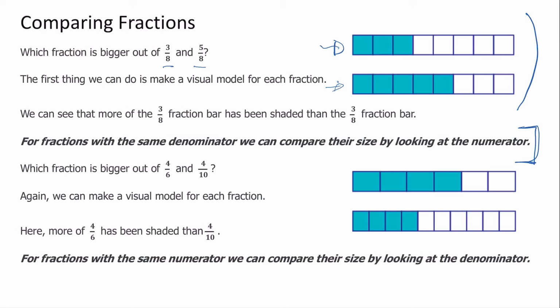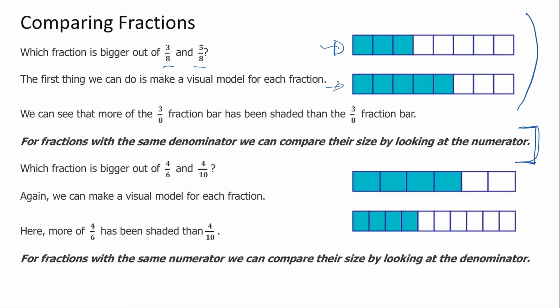The 5 numerator is bigger than the 3 numerator, so therefore the 5 would have to be bigger. And that works again because the denominators, the amount that the object is cut up into, is the same. And that's what this big highlighted section in the middle says, that for fractions with the same denominator, we can compare their size by looking at the numerator.